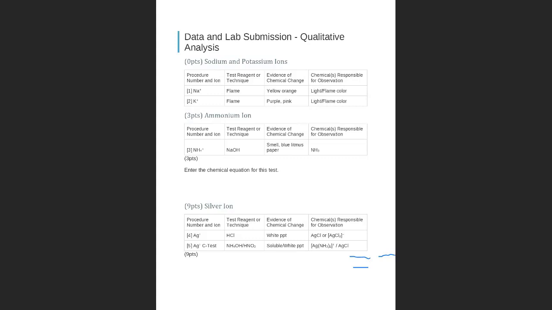So here, what else will you have to do? Enter the chemical equations for the test and the confirmation test. So again, the chemical equation for the main copper test, you have them all in the write-up.